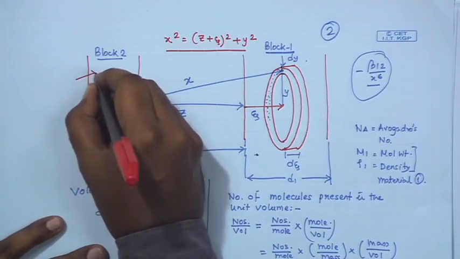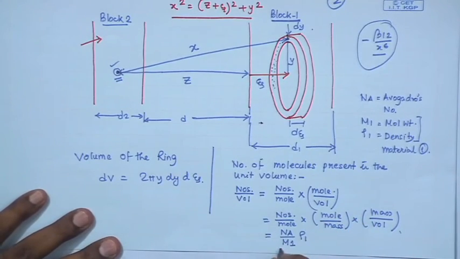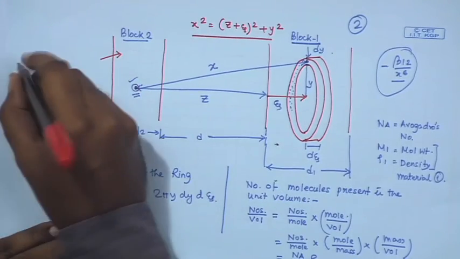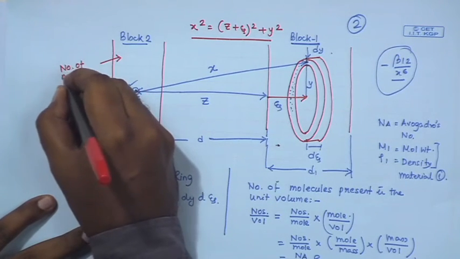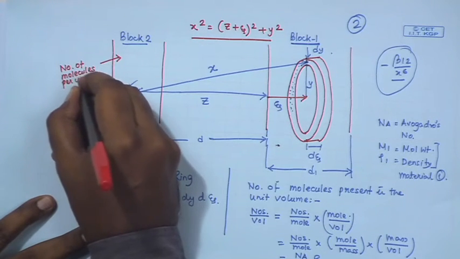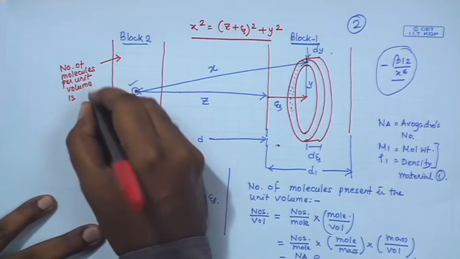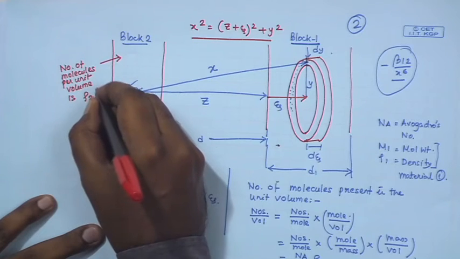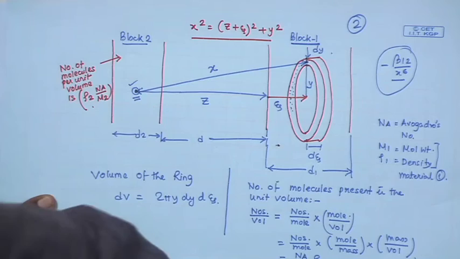just look into this figure. So, what we have is, for this block as well, just like this expression, we derived. So, the number of molecules per unit volume is simply this.